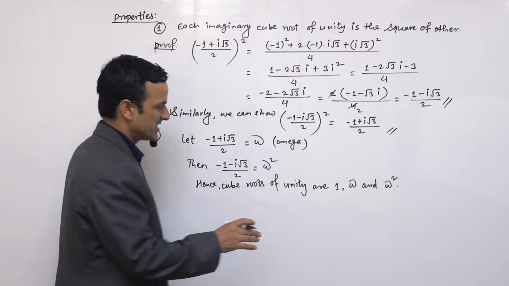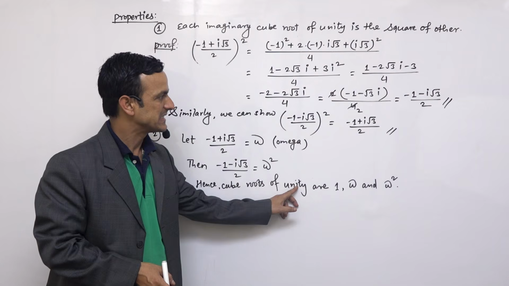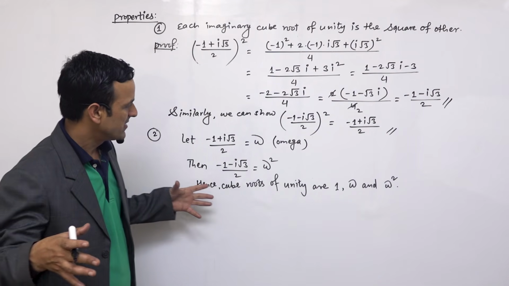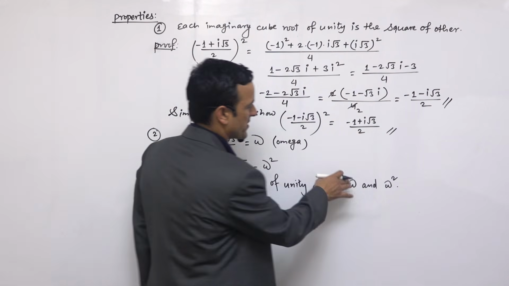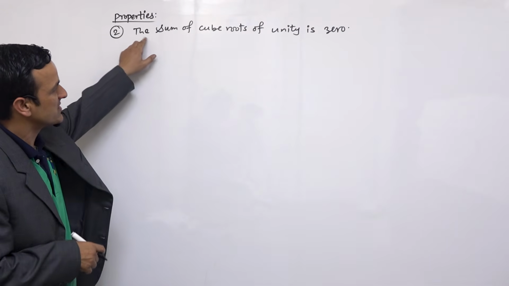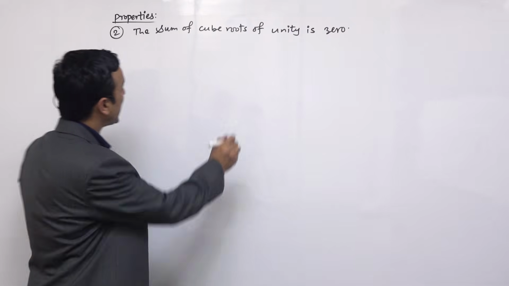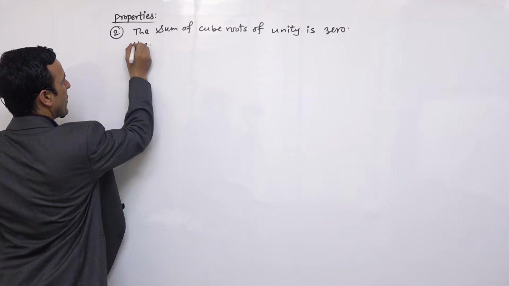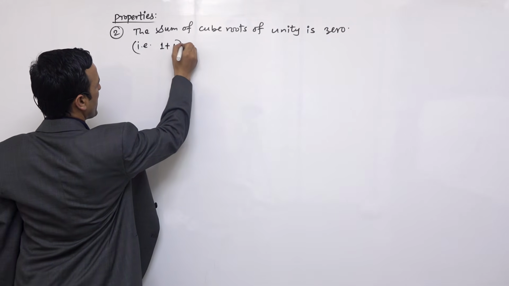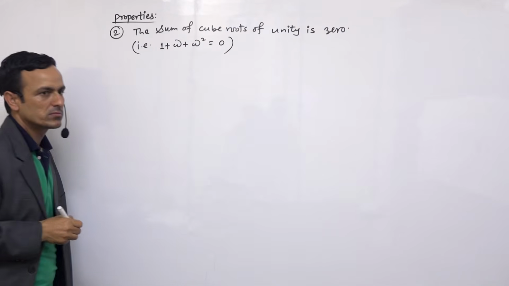This is the shortcut notation for cube roots of unity. Now we can establish other properties by using this omega. Okay, next property: the sum of cube roots of unity is 0. That means 1 plus omega plus omega square is equal to 0.